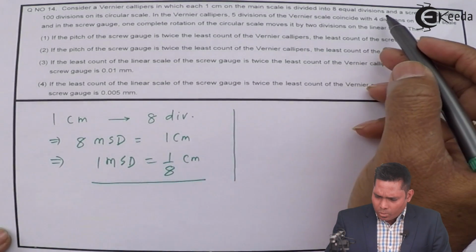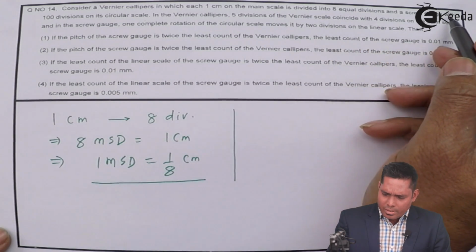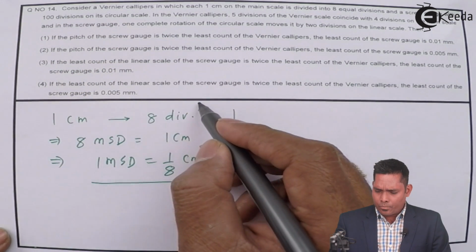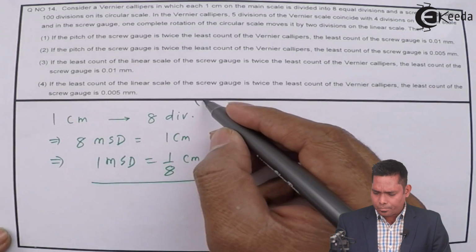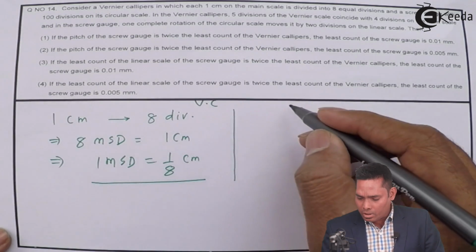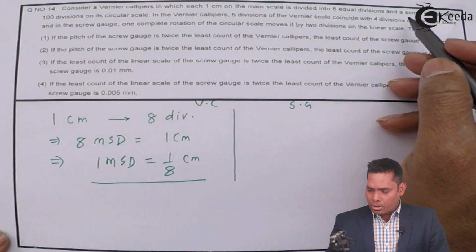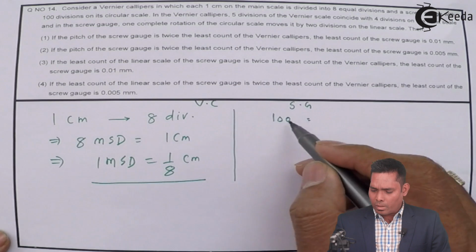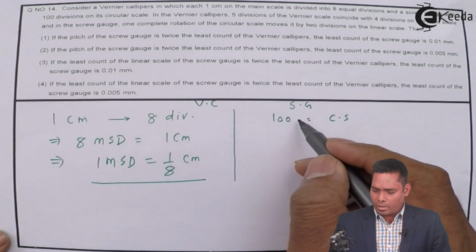Next we will read the question further. It is divided in 8 equal divisions, and a screw gauge with 100 divisions on the circular scale. So this is the vernier calipers, and there is a screw gauge here. For the screw gauge, the total number of divisions is 100 in the circular scale.